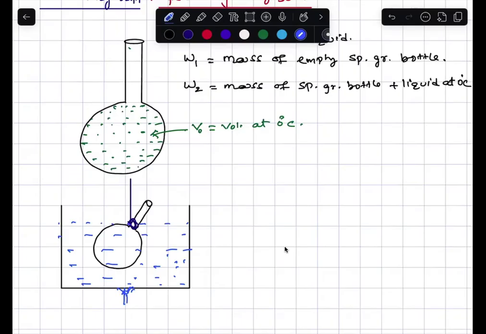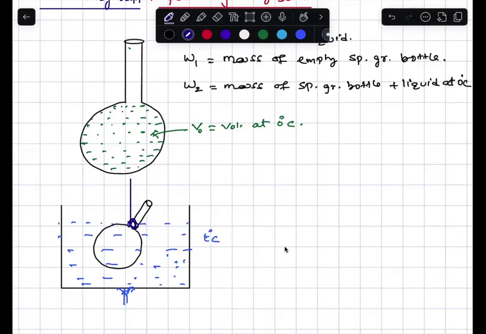Now you are heating it from 0 degrees centigrade to some T degrees centigrade. Can you please tell me what is happening in the course? Okay, the liquid will expand. So we will avoid saying overflowing onto the surrounding tank.